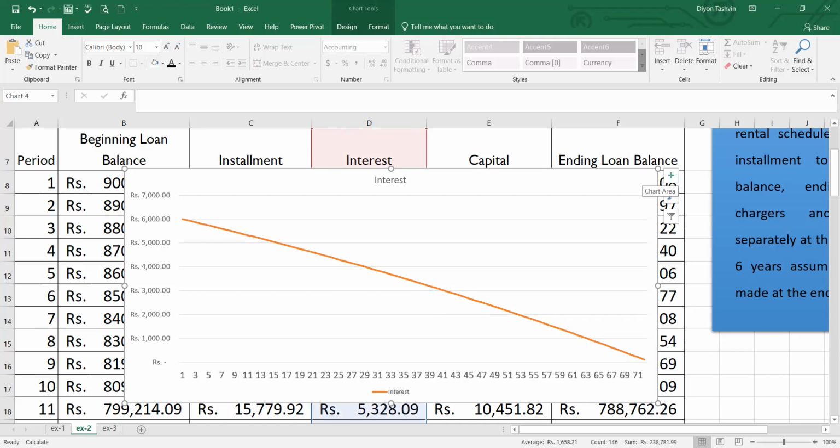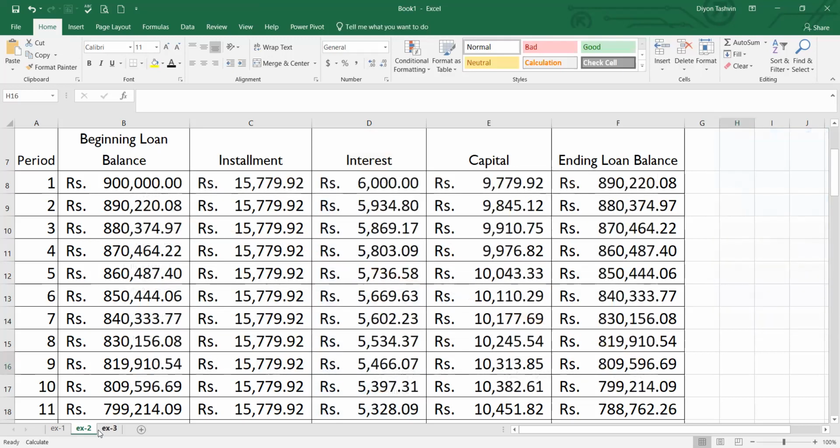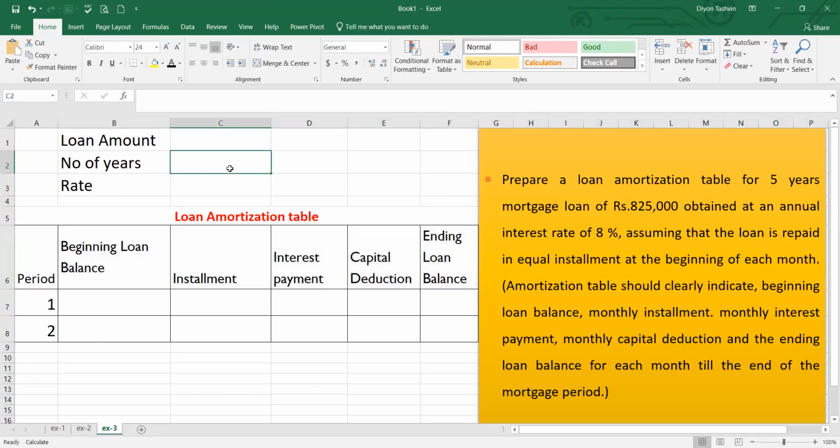Now let's move on to the next question. Let's see the next exercise. In this exercise, we have to prepare a loan amortization table for 5 years. Number of years is 5.